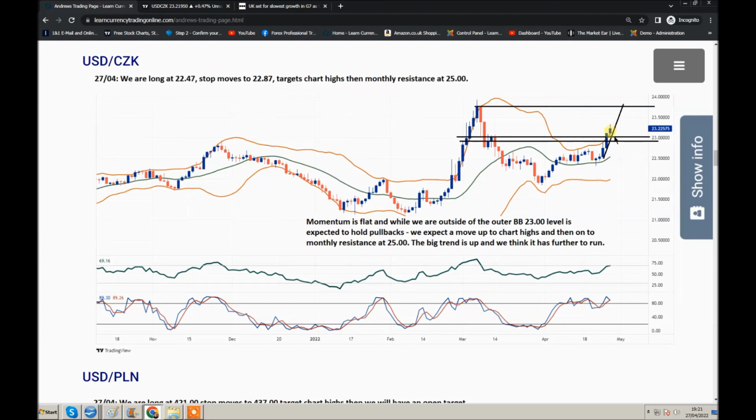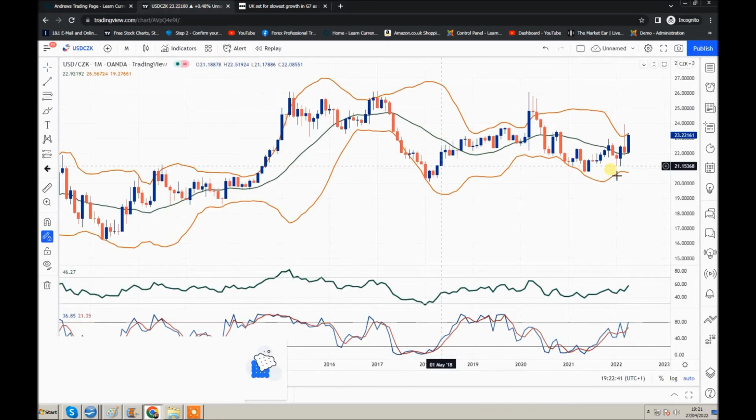We cleared a big 23 level. This resistance over here, I think that's a long with a stop back here for fresh positions. Obviously, we've got existing positions in, so you might want to wait for a pullback, but I think we're going even higher. I think fair value for USD CZK is about 25.